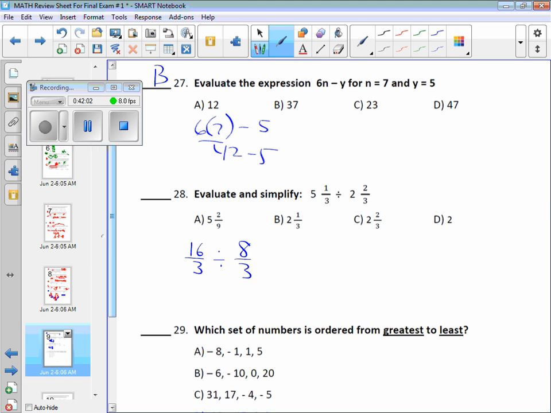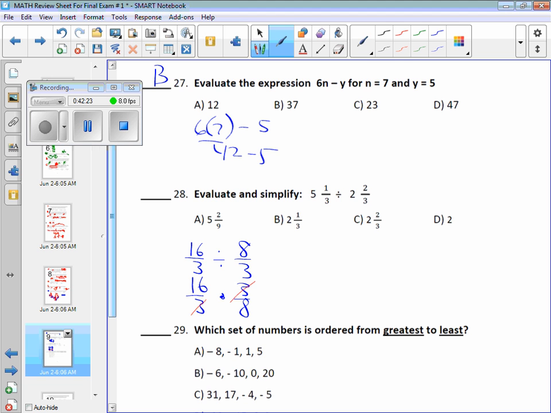What's the expression I say? Keep, change, flip. Keep, change, and flip. And what works out really well with this is that if you cross reduce, it really works out so nicely. 3 and 3.